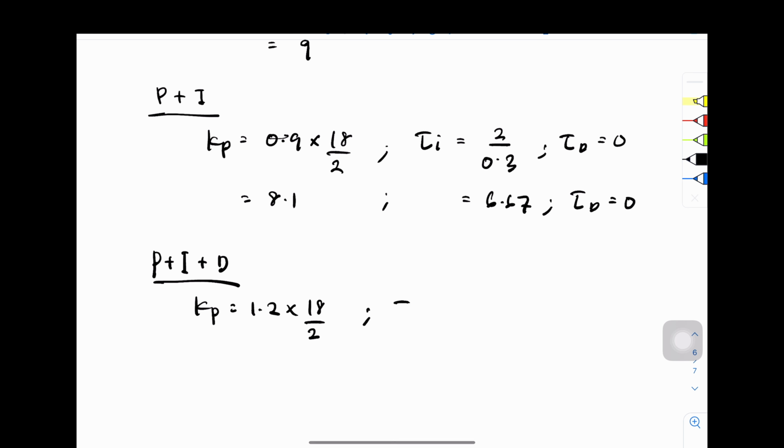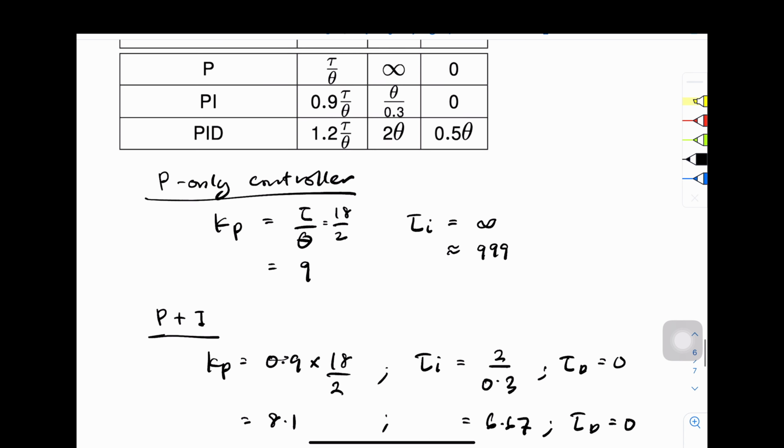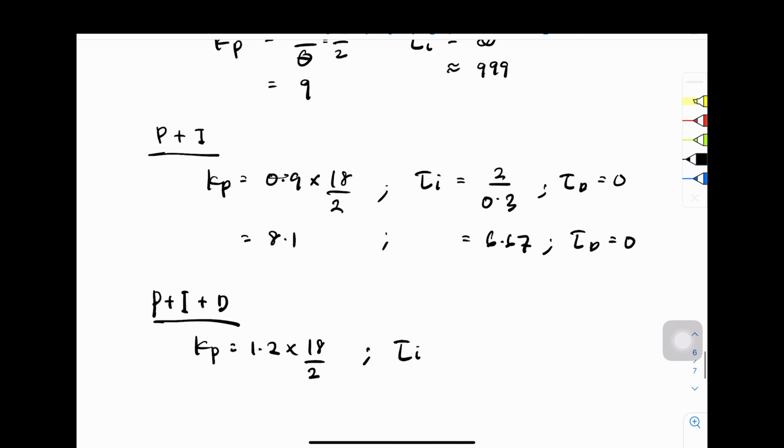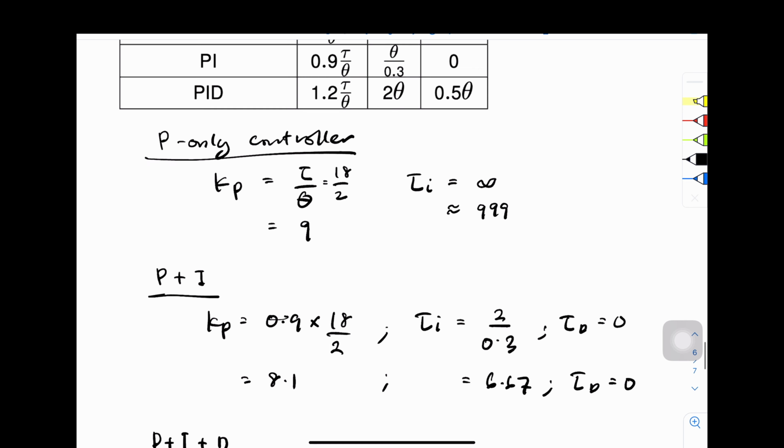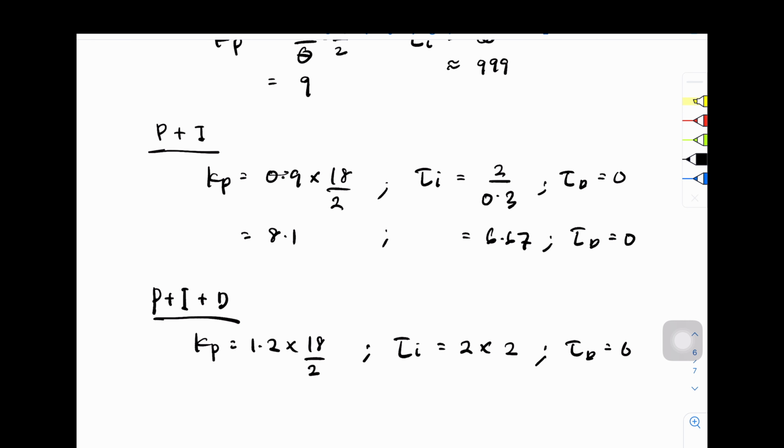Then integral time is equal to 2 theta, which is 2 times 2, and derivative time is equal to 0.5 times 2.